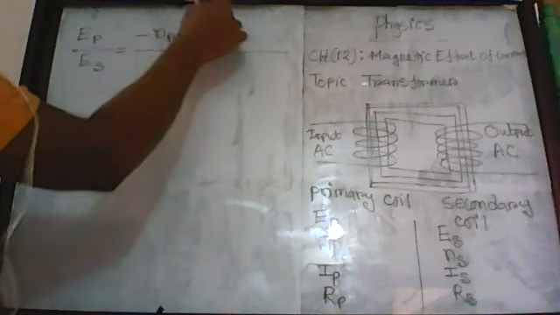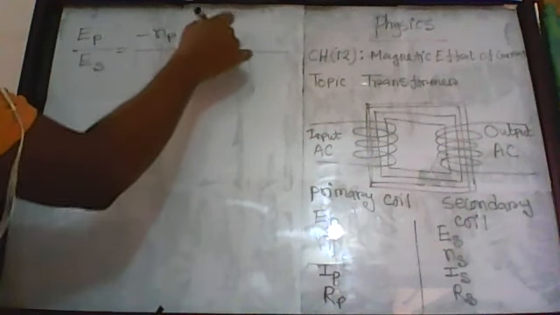Okay. Now divide this equation 1 by equation 2. If you divide equation 1 by equation 2, you can say that EP divided by ES will equal to, at first for the primary coil, EP, that is minus NP delta phi divided by delta t.